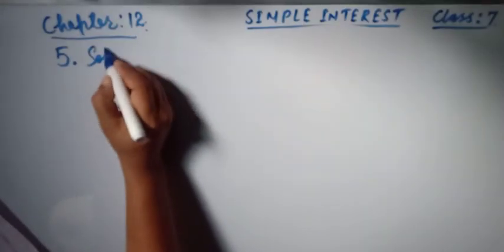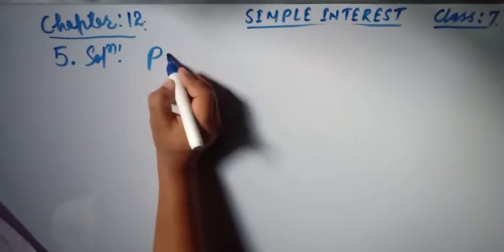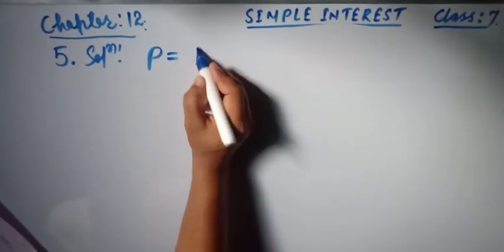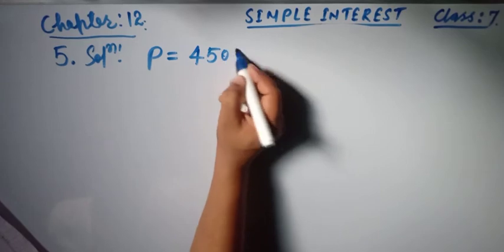Now see, friends, question number 5 says, at what rate percent per annum will rupees 4500 amount to rupees 5715 in 3 years? So whatever is given, first write down the solution. P is given, what, friends, this is 4500 rupees.